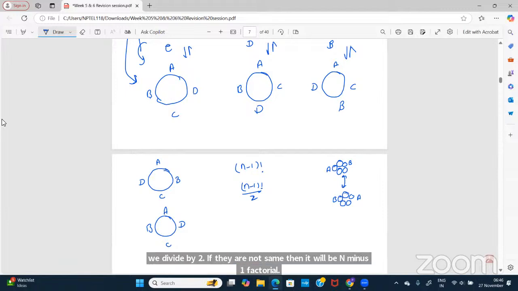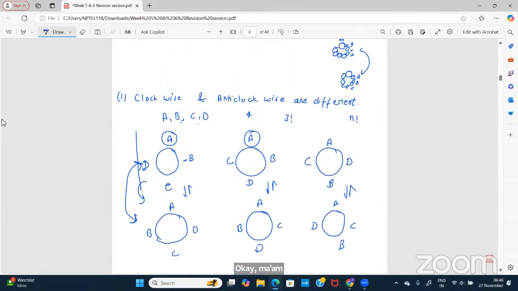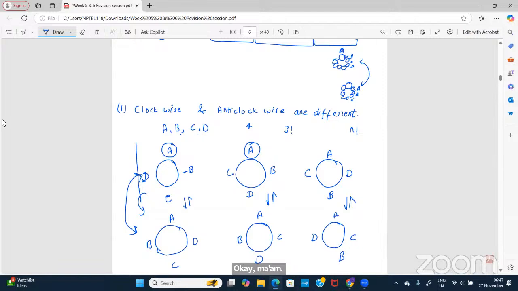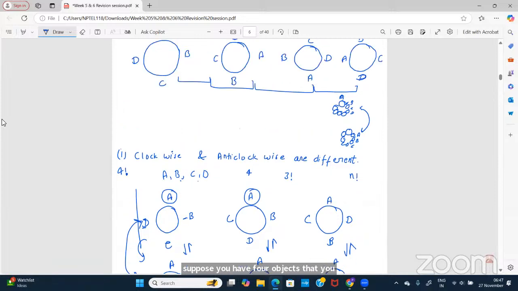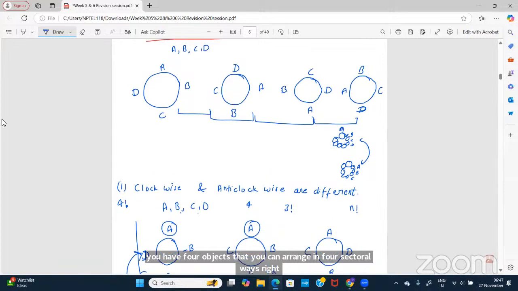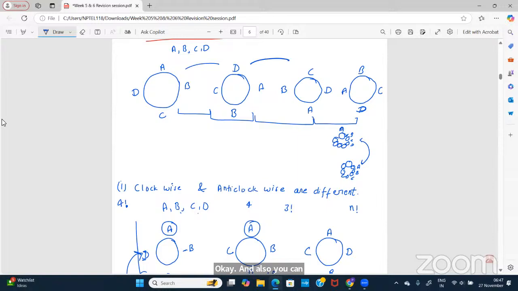Okay, and you can understand the above formula n minus 1 factorial this way also. Suppose you have four objects that you can arrange in 4 factorial ways, right? Also, you can rotate one arrangement and that will give you 4 different possibilities.